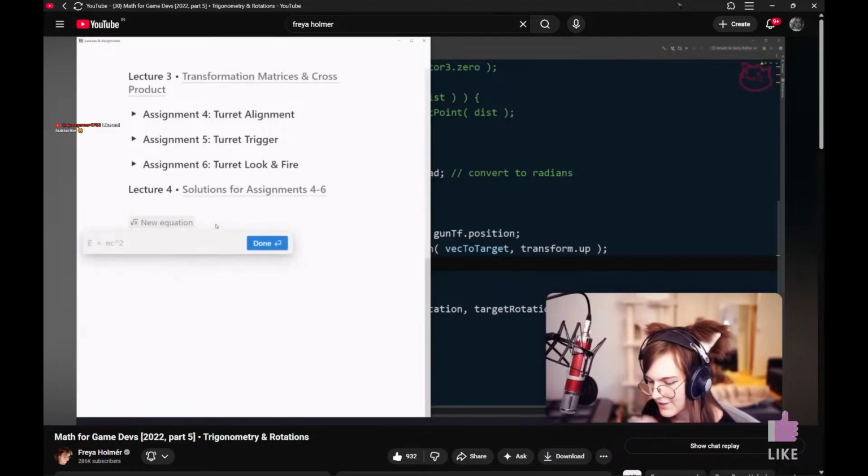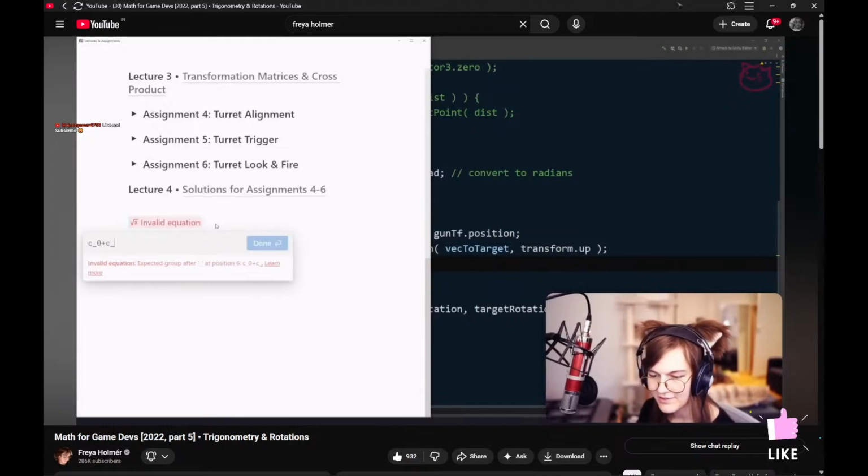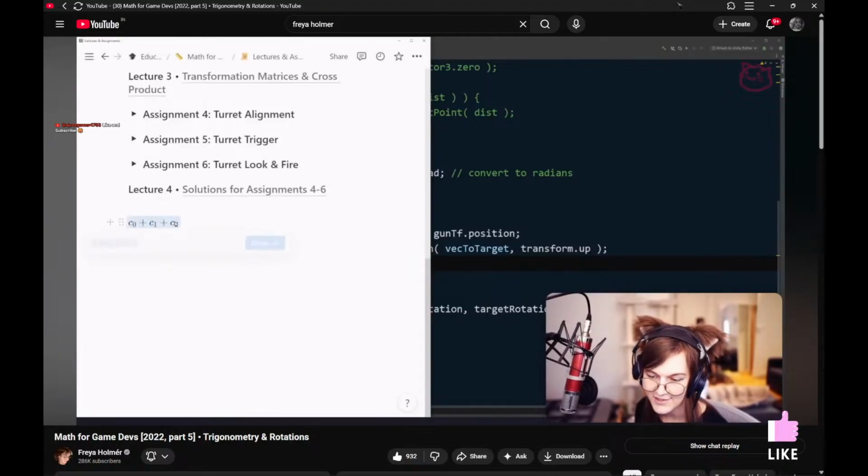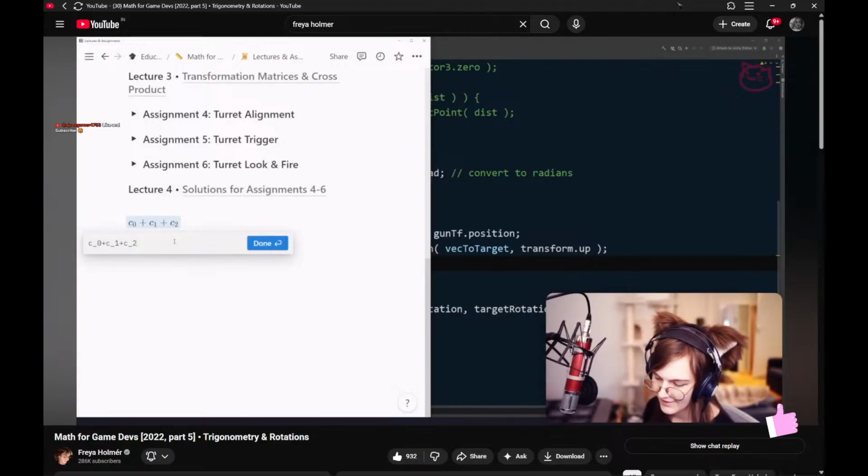If you have a math equation with a lot of variables, you tend to name them with indices instead, like C0 or C1 with a subscript. You just add a subscript, and that way you have more variables. But in math, you basically never have variables with more than one letter.